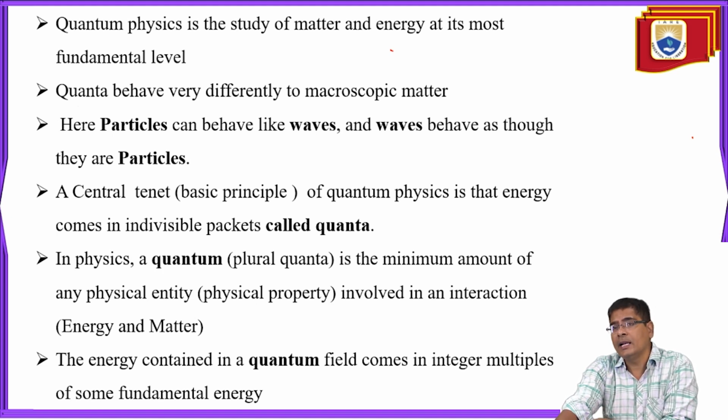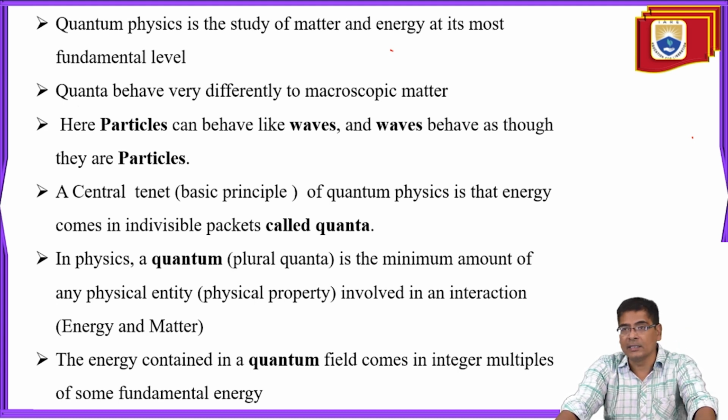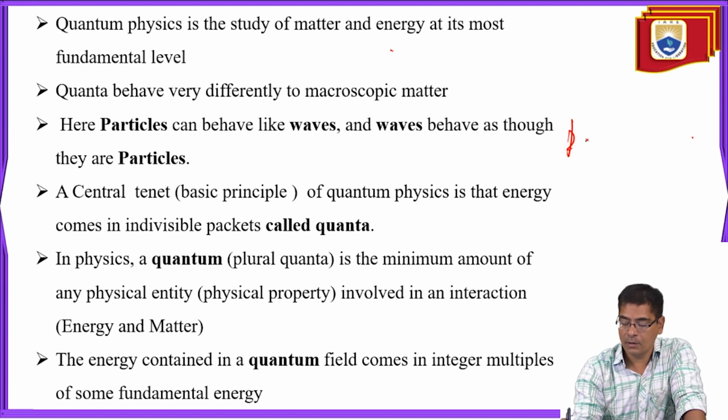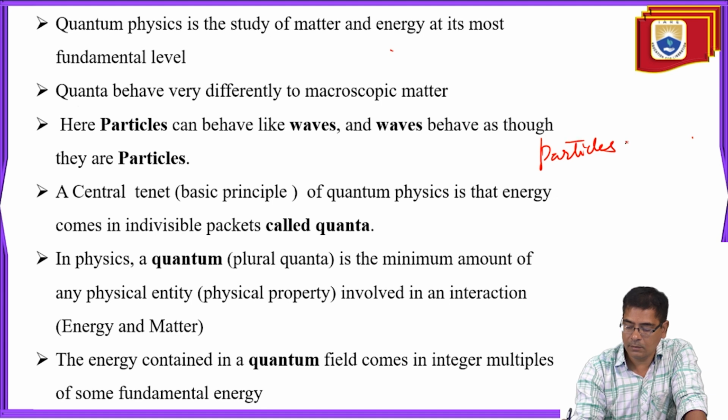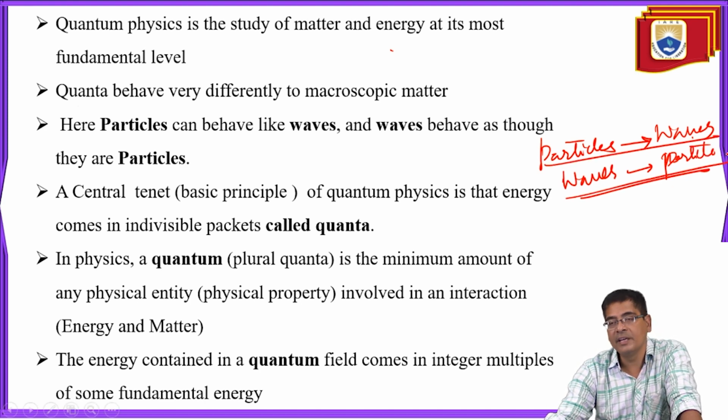So particles can behave like waves, and waves behave as though they are particles. That means there exists a dual nature. Particles behave as waves and waves behave as though they are particles.